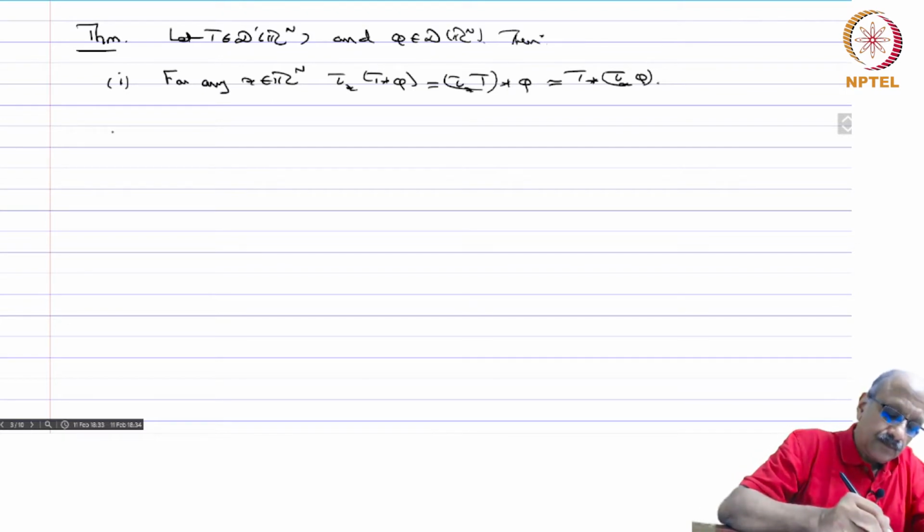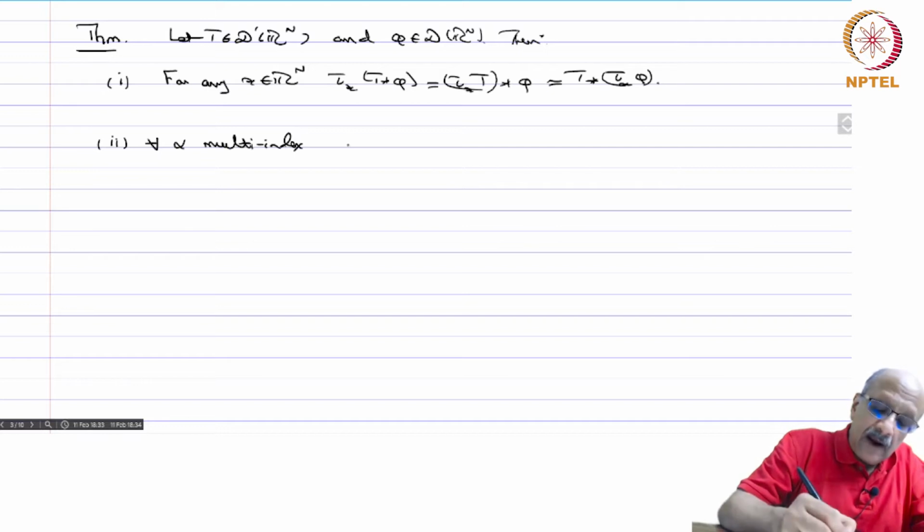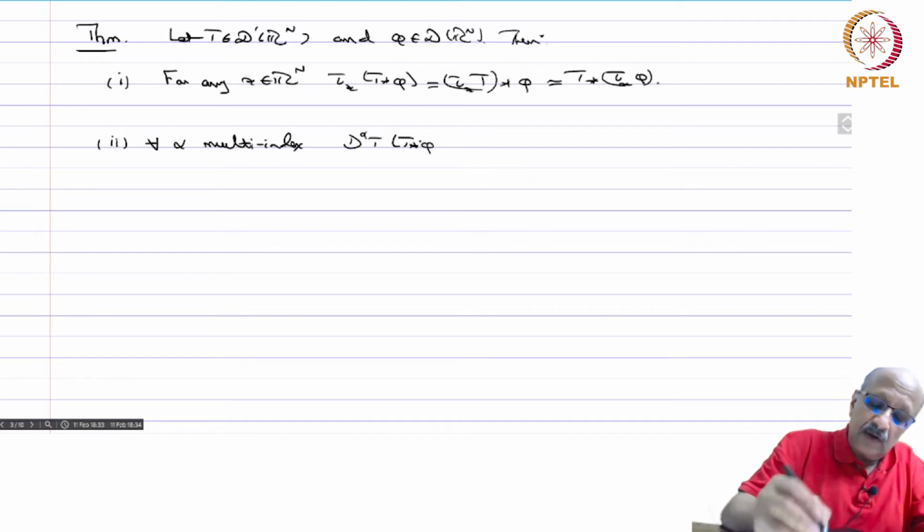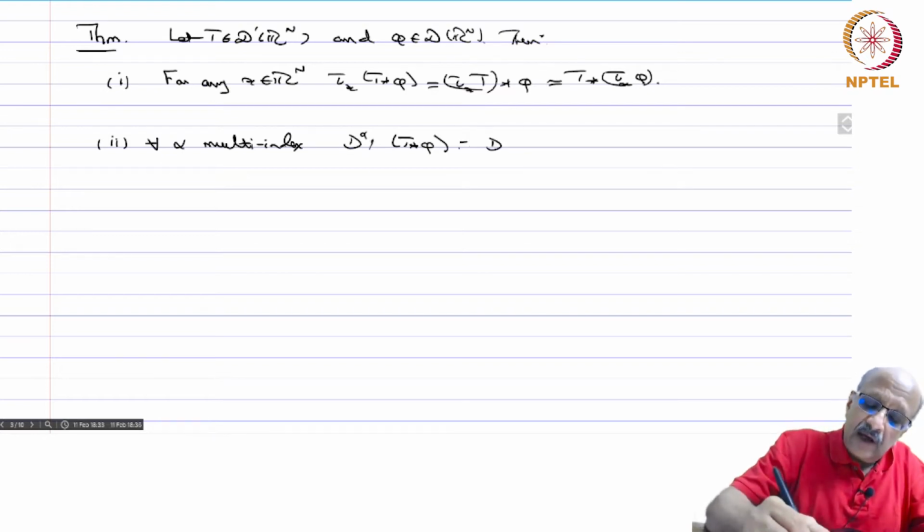2. For any alpha multi-index, d alpha of (T star phi) equals (d alpha T) star phi equals T star (d alpha phi).